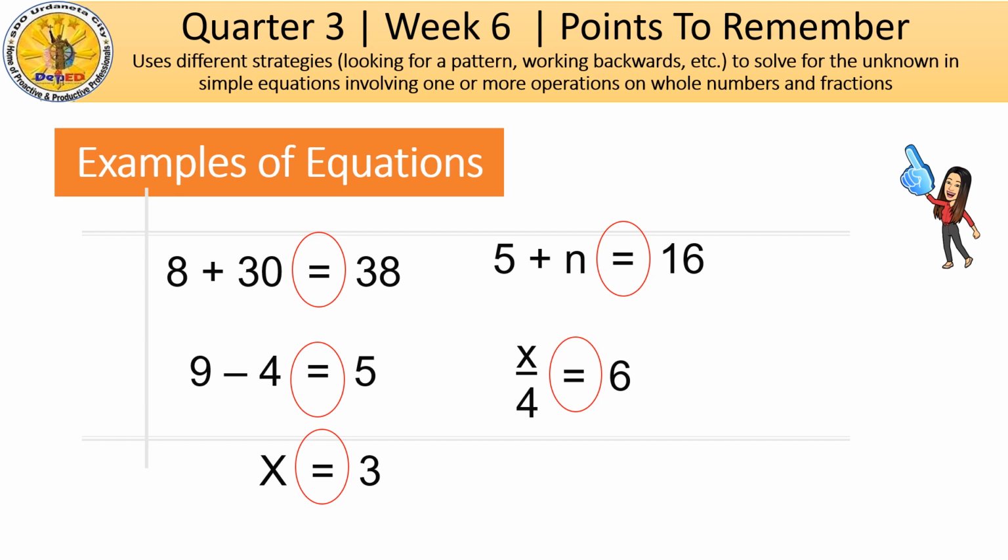We have here an example of an equation. Take note, each equation has an equal sign. It tells us that the expression on the left is equivalent to the expression on the right.